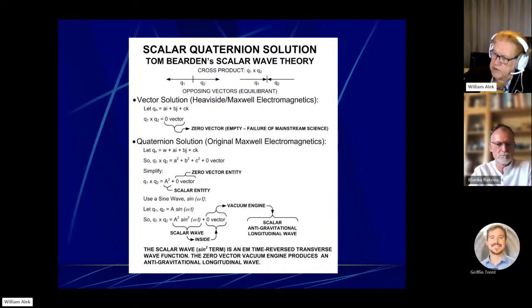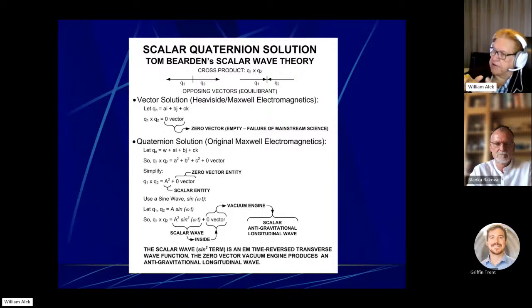If you look at the original Maxwell equations, he has the scalar component built into his equations. So when you look at all the mathematics here, with the scalar entity you're using a sine function, so you end up with a sine squared term. That's very important, because the sine squared term is what we see on the oscilloscope. Then his zero vector becomes what's called a vacuum engine.